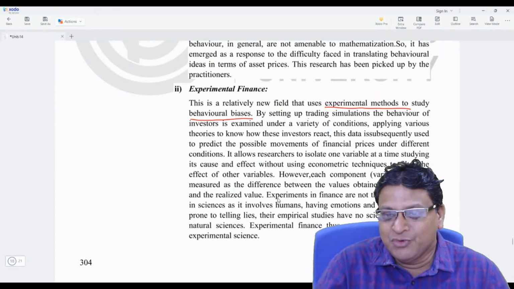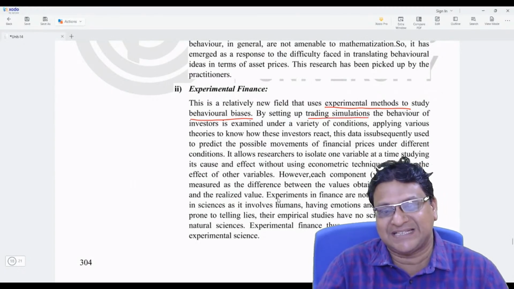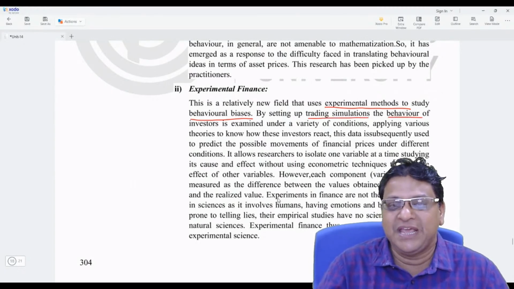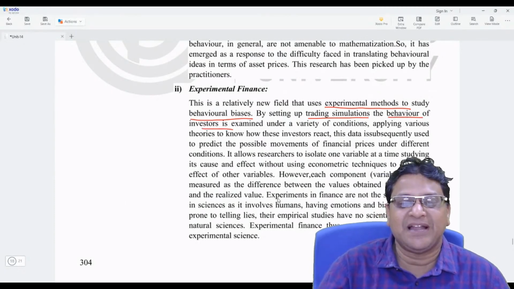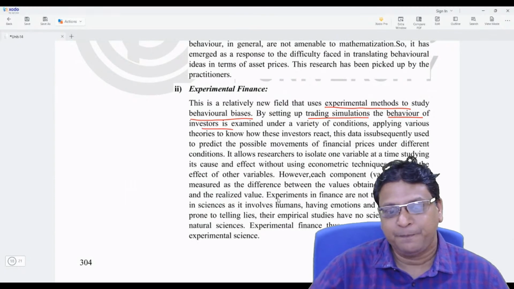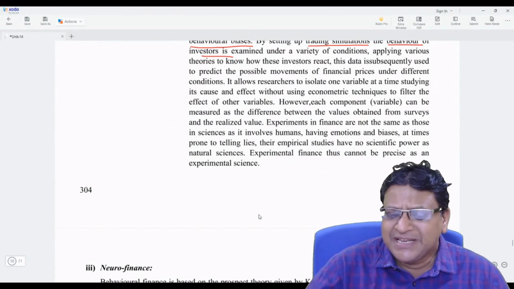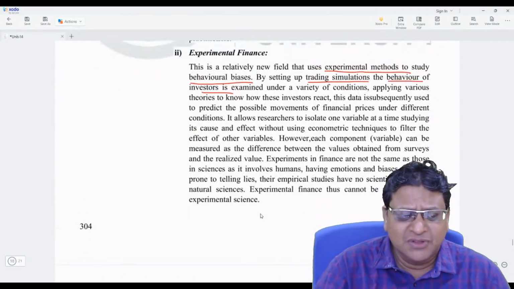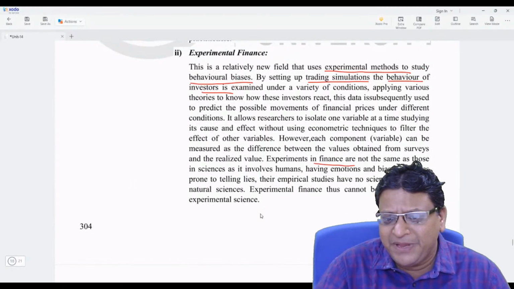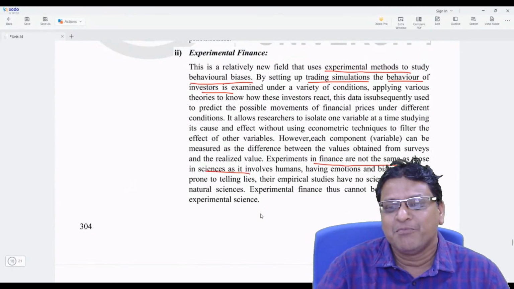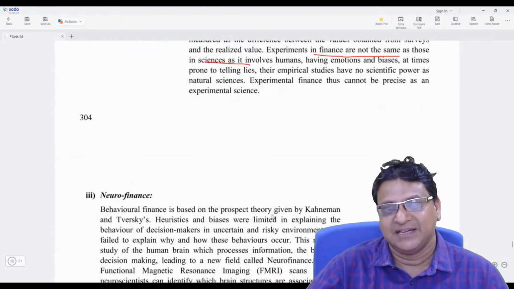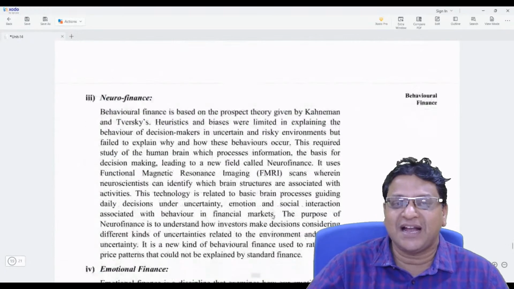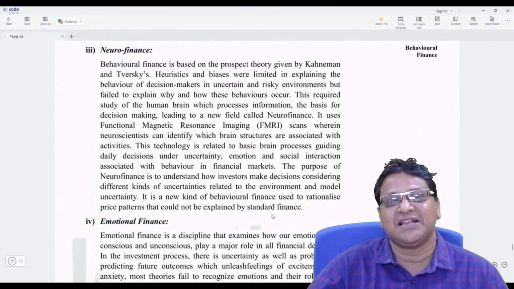They use simulation techniques to study the behavior of the investor, and this is known as experimental finance. Now, in case of experimental finance, the experiments will not be like physical science, but it will be an experiment of social science. So it cannot be that precise as physical science.